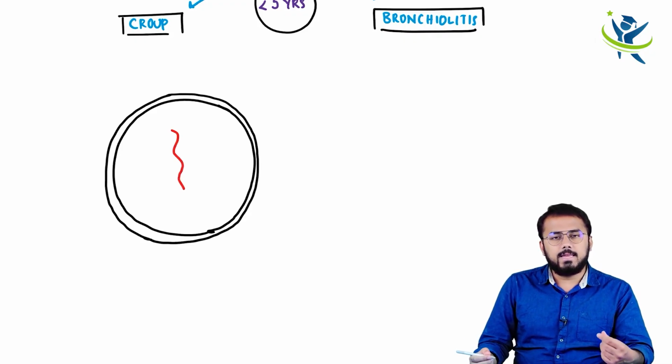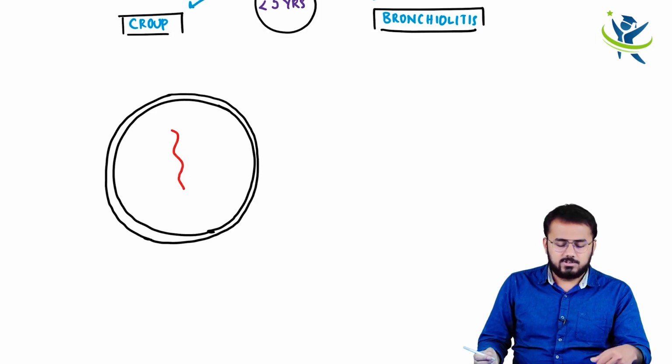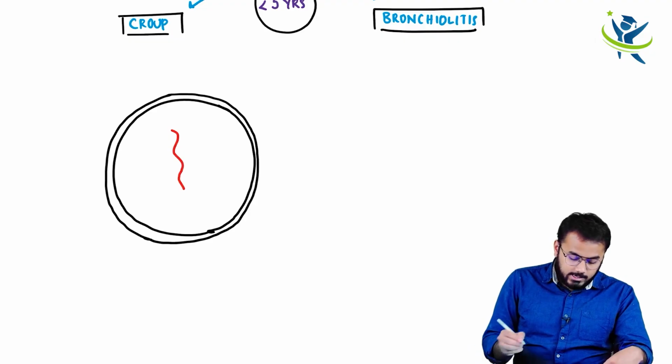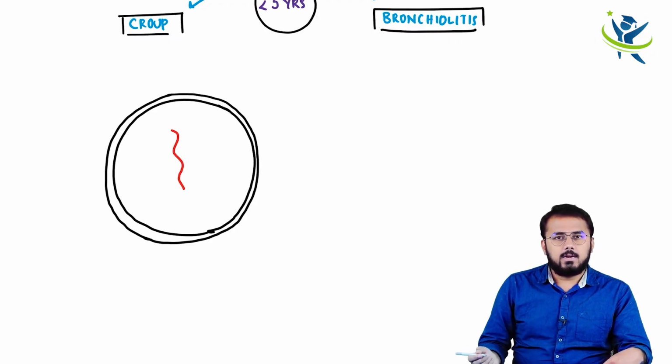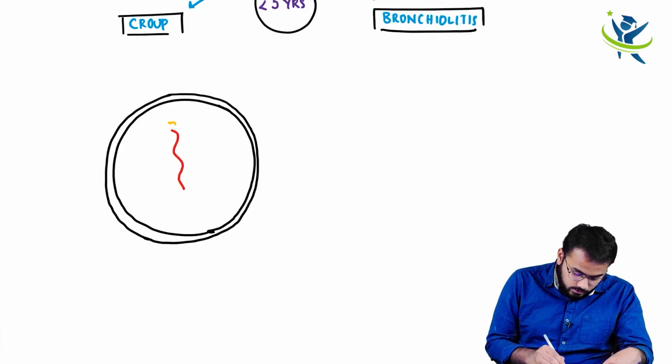This is called negative sense single stranded RNA. Surrounding this negative sense single stranded RNA, you have got a capsid that is called the nucleocapsid. Surrounding this you have got a very beautiful capsid like this.